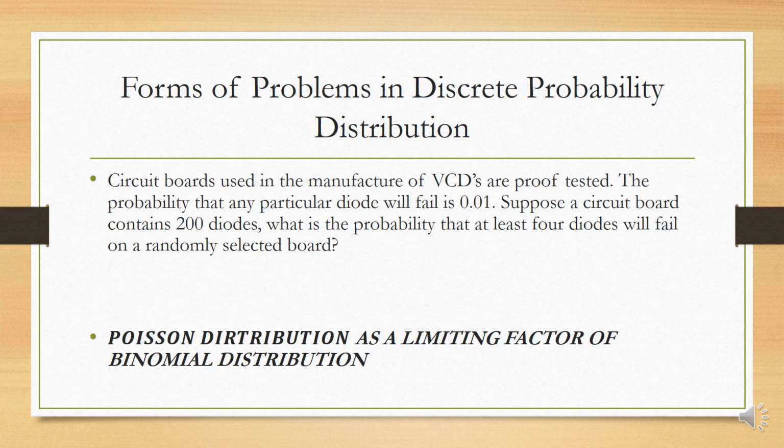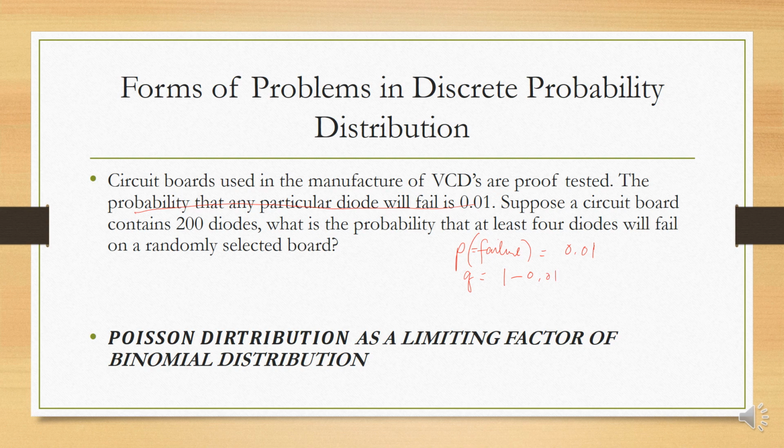And the Poisson distribution as a limiting factor of binomial distribution, posible din yon, ano? Kasi kung babasahin natin itong problem, circuit boards used in the manufacture of VCDs are proof tested. So meron kang probability ng failure. Failure to pero probability 0.01. So meaning, ang Q natin dito is yung 1 minus 0.01 natin.